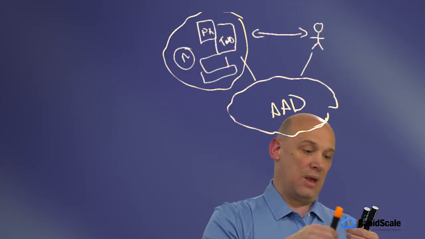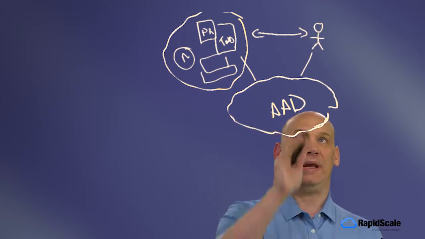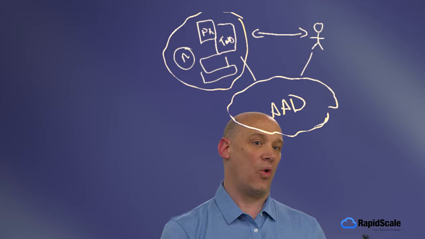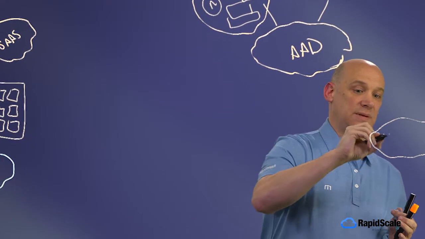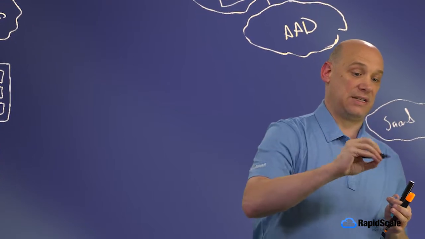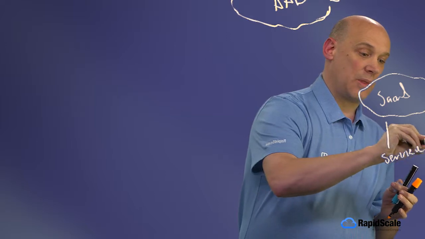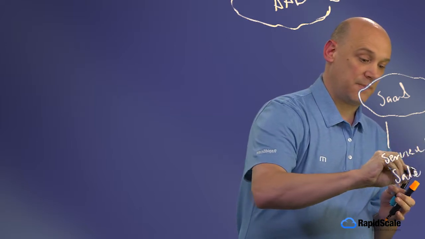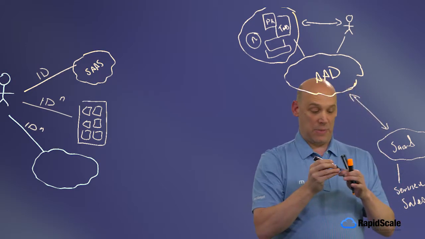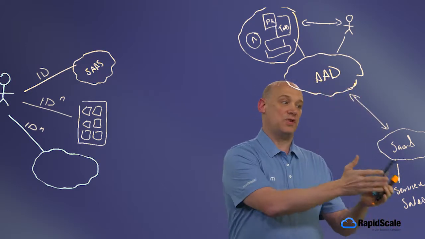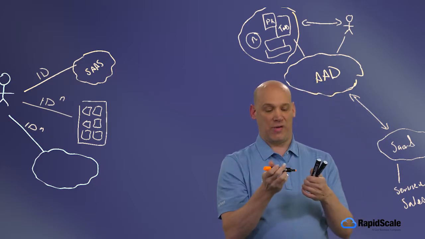Well, we do that by making Azure Active Directory the common broker between the person, their devices, and all of the services. So if you can imagine, we've got SaaS-based services, services such as ServiceNow or Salesforce, that can become a broker to Azure Active Directory, meaning that those services log into and authenticate against Azure Active Directory.